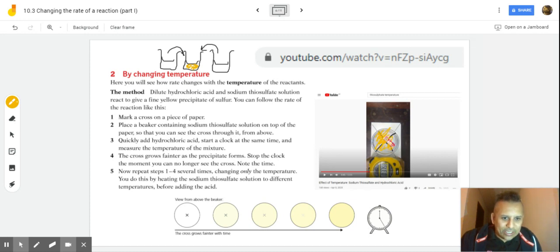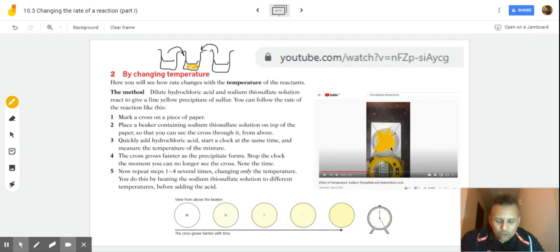Until eventually, what you do as an observer is you stop the clock when you cannot see the cross at all. So the cross goes fainter and fainter as this insoluble yellow precipitate forms. As soon as the observer looking right from the top cannot see any of this cross, they stop the timer, and that gives you an indication of the time.